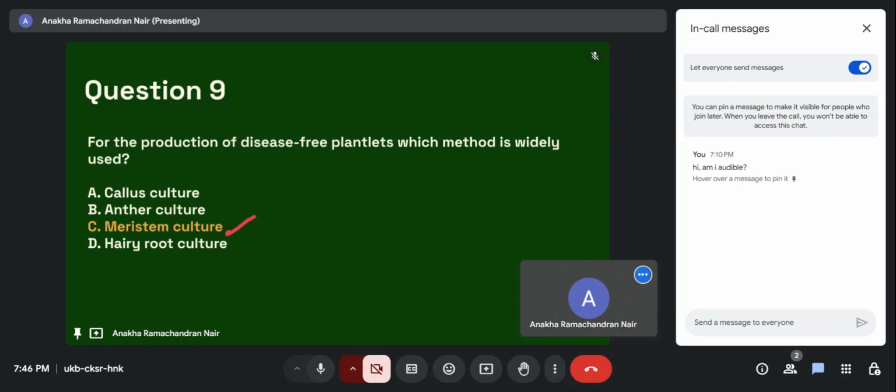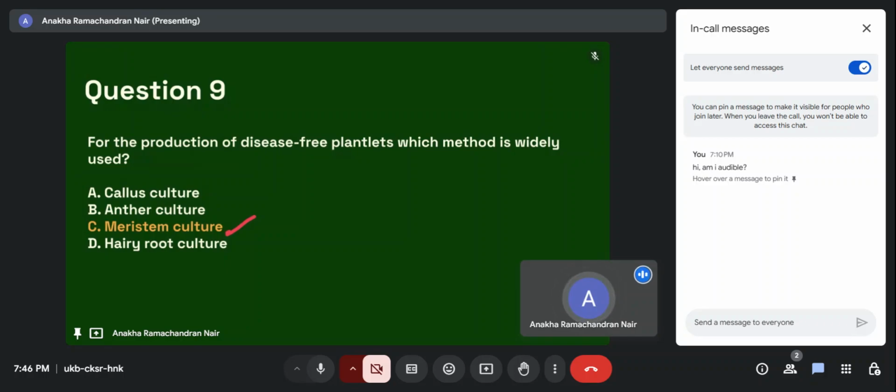So the reason why meristem culture is used for disease-free plantlets: assume that you have a plant which is a great variety, and you want to have more of these plants, but unfortunately, this plant has been infected by a certain virus, a plant virus.